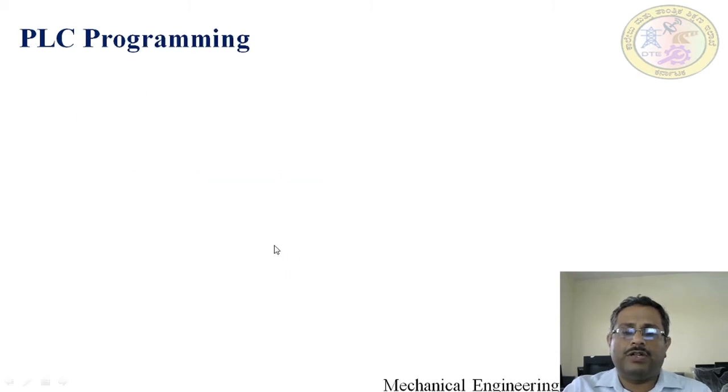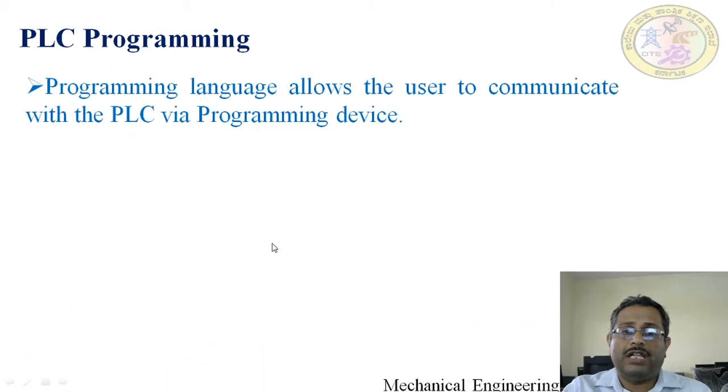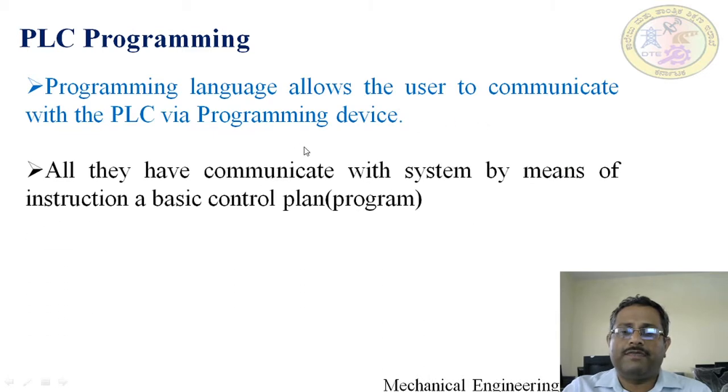Before going to programming, we will see what is a programming language. The programming language allows the user to communicate with the PLC via a programming device. They communicate with the system by means of instructions, a basic control plan, that is also called a program. A program can be defined as a set of instructions to control the plan.